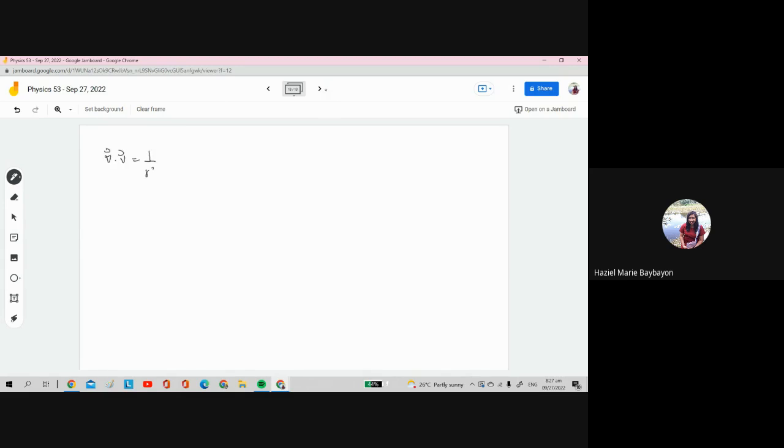You have 1 over r squared, partial derivative with respect to r of your v_r, which is r cosine theta, plus 1 over r sine theta, partial derivative with respect to theta of sine theta multiplied by your v_theta, which is r sine theta.